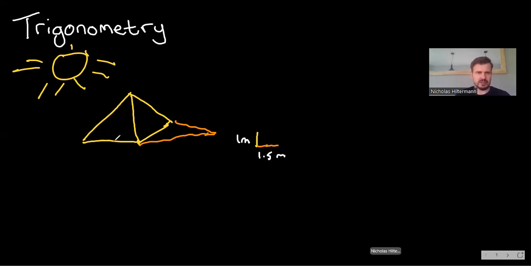Then you simply go, okay, well, let me go from the middle of the pyramid. So if we were to draw this down, if I was to go along here, I could then measure out the shadow, and let's say the shadow was, let's make the maths easy, let's say we had a 150 meter long shadow.